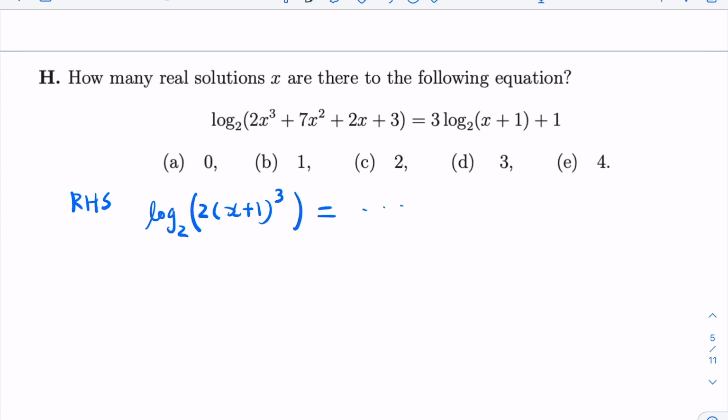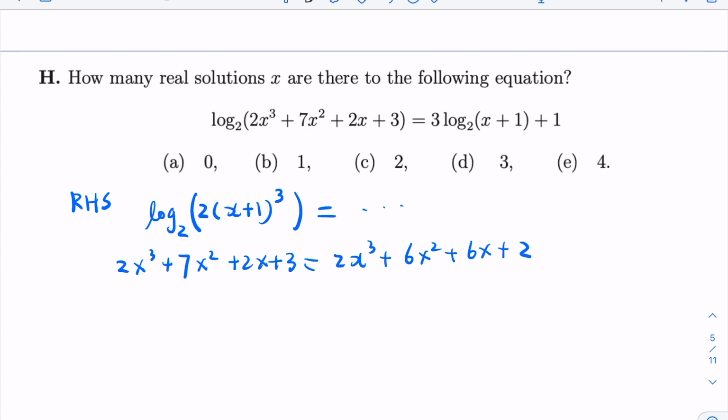So the equation becomes 2x to the third plus 7x squared plus 2x plus 3 equals, here you can expand this out, so it becomes 2x to the third plus 3x squared times 2, that will be 6x squared plus 6x plus 2.